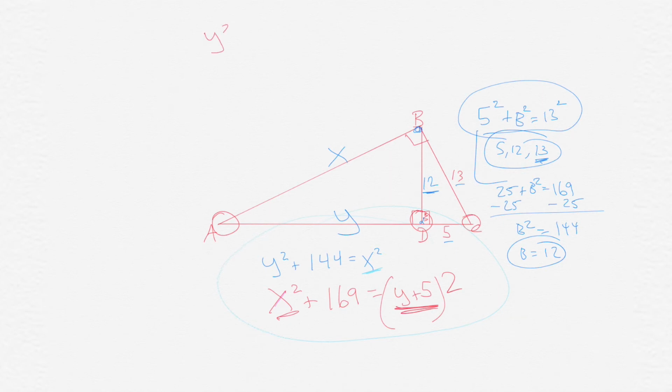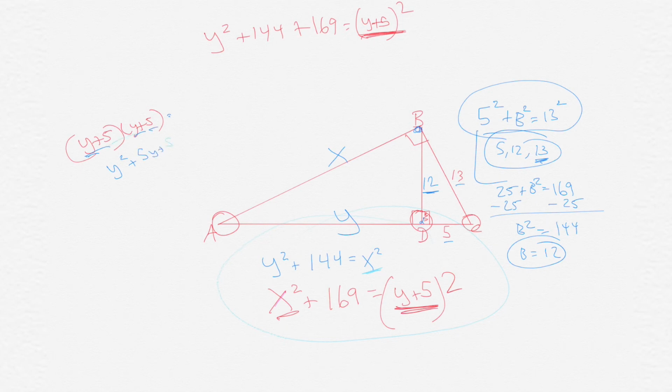We then get Y squared plus 144 plus 169 equals Y plus 5 squared. The Y plus 5 squared, let's do that over here. Y plus 5 squared, you do it the long way, Y plus 5 times Y plus 5. You want to do the FOIL. The first is Y squared. The outer is Y and 5, which is 5Y.